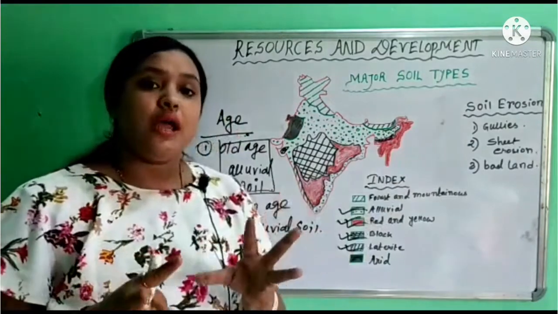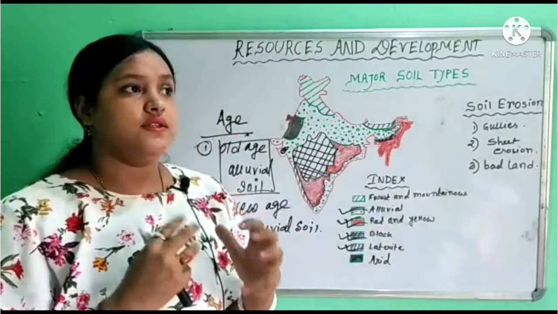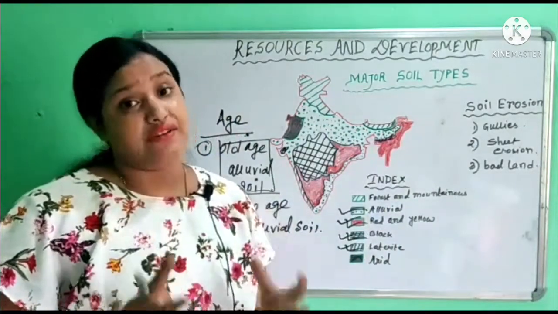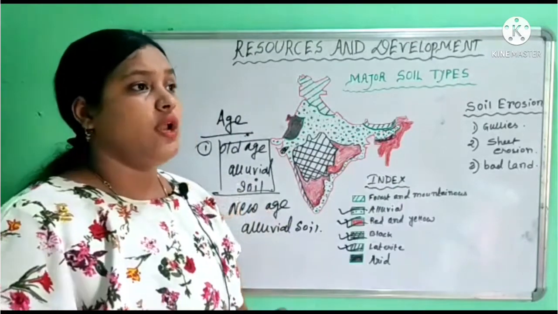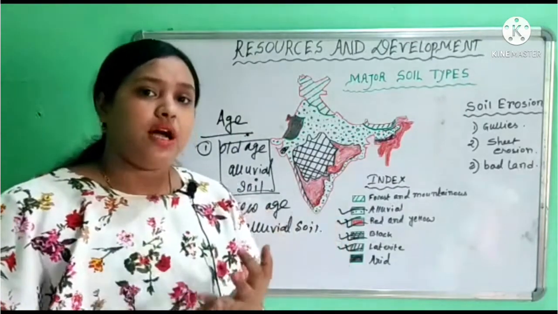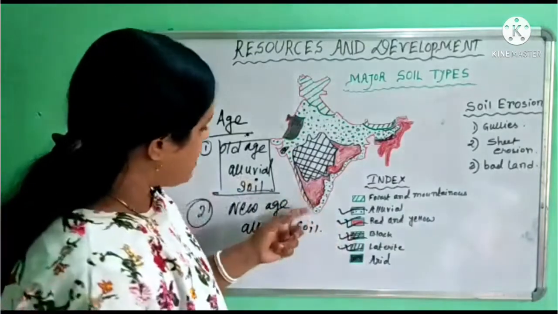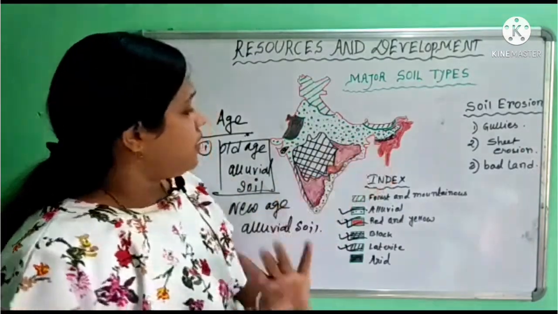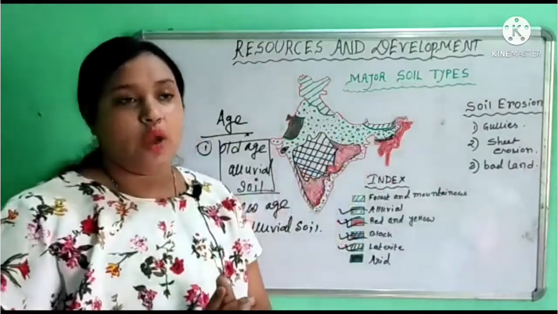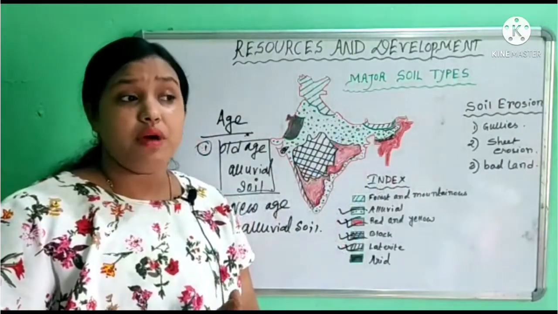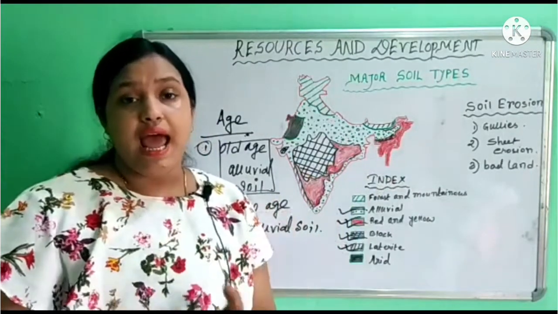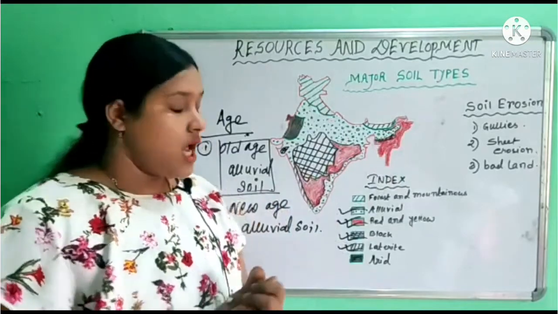Laterite soil is mainly found in regions of high temperature and high rainfall. It is mainly found in Kerala, Tamil Nadu and Assam. In this area we find laterite soil, and laterite soil is very useful for tea and coffee cultivation.